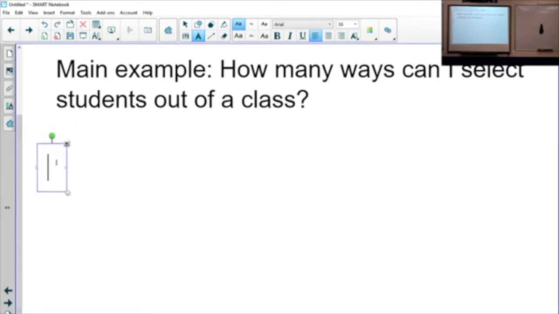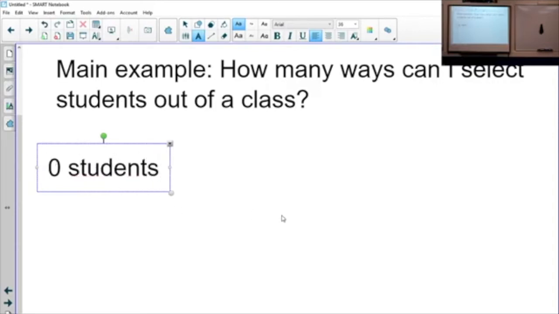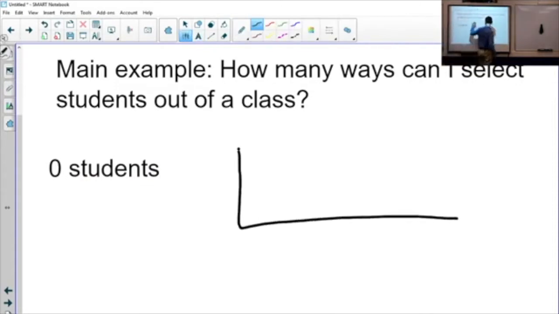So starting with the not very exciting example. Each of these, we're going to have a table.